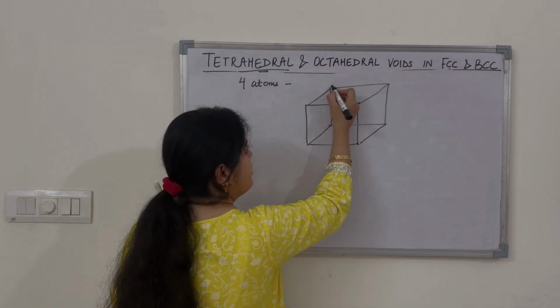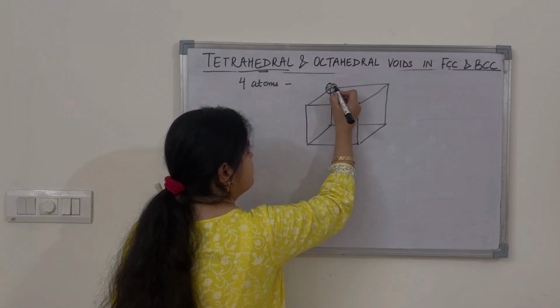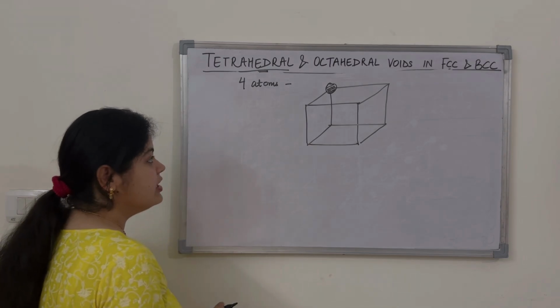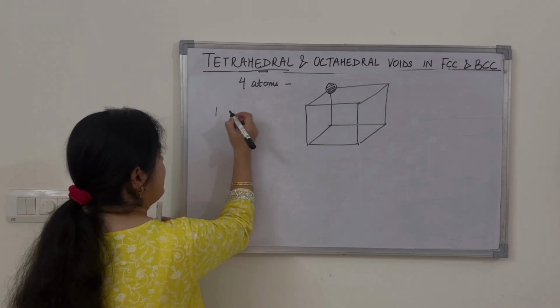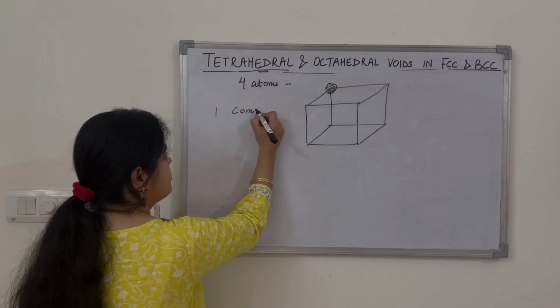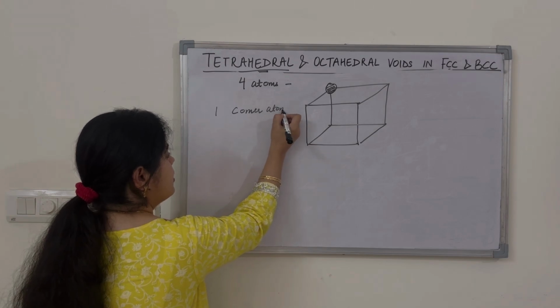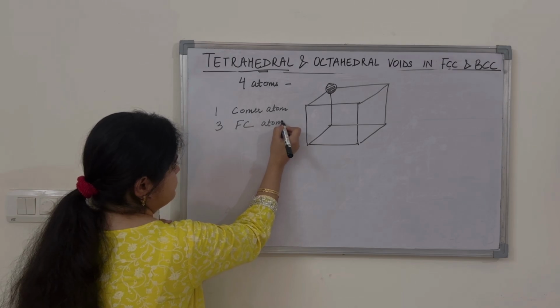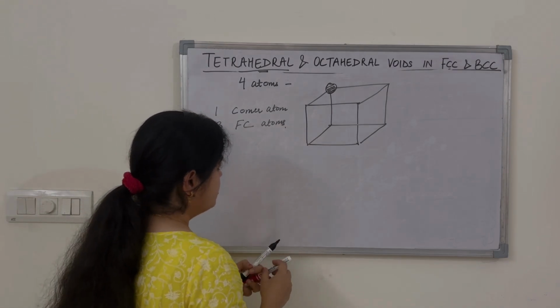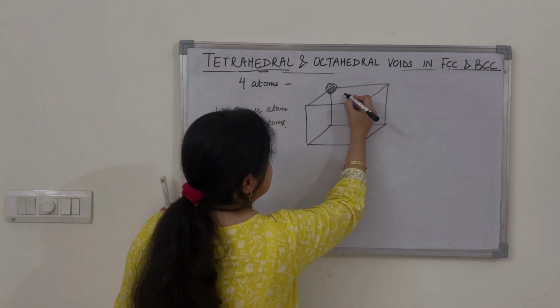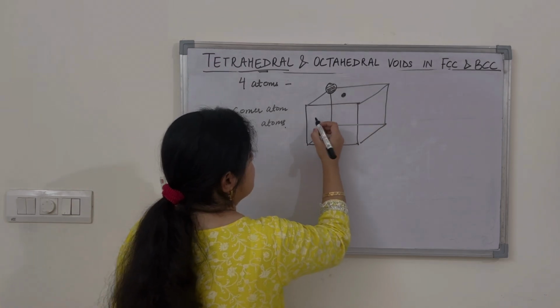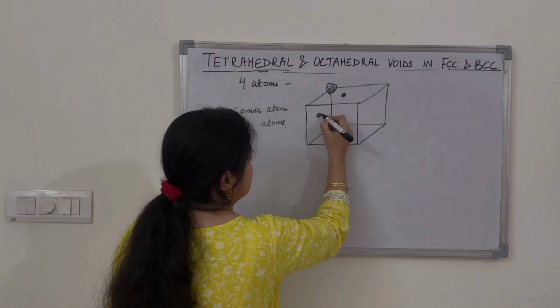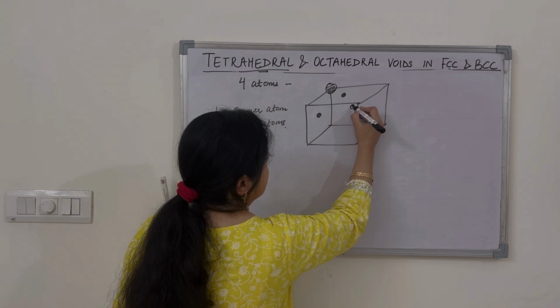Now we will consider one corner atom, this one, and 3 face centered atoms. So we will join one corner atom and 3 face centered atoms. So let's take this face centered atom, this one, and this one.